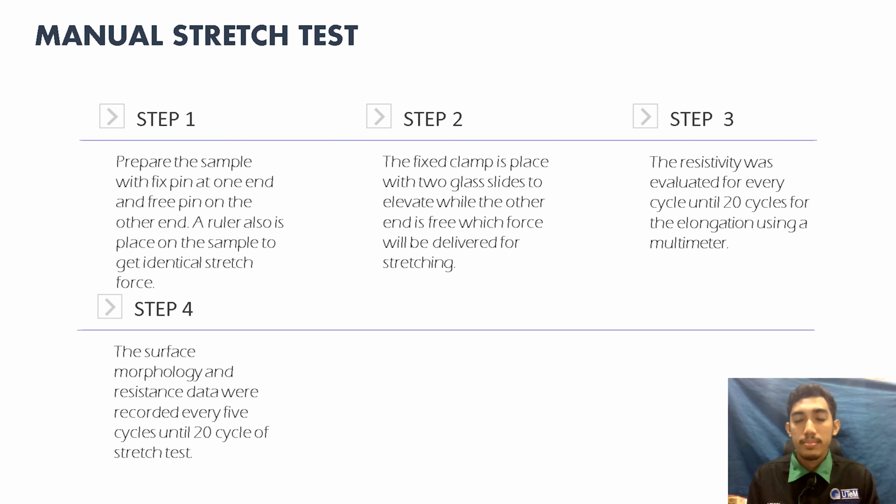Step number 3, the resistivity was evaluated for every cycle until 20 cycles of elongation using a multimeter. And lastly, step number 4, the surface morphology and resistance data were recorded every 5 cycles until 20 cycles of the stretch test.